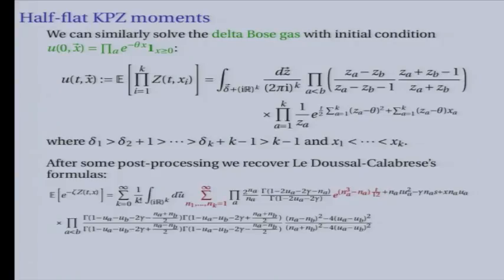Does one know what the stationary state is as t goes to infinity? Forgetting about the exact formula, is it a Bernoulli state or is it known? Yes, it's known that it's Bernoulli. And where is that known from? In the case of the particle system... It could be a superposition of Bernoulli, so things like that.